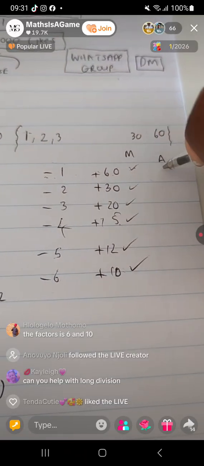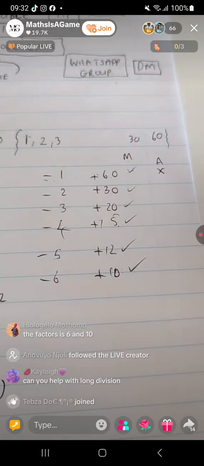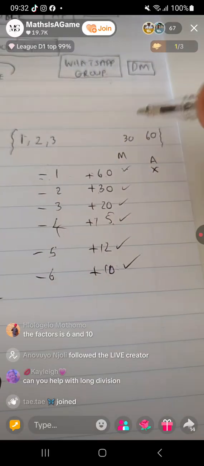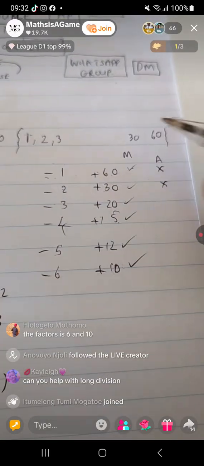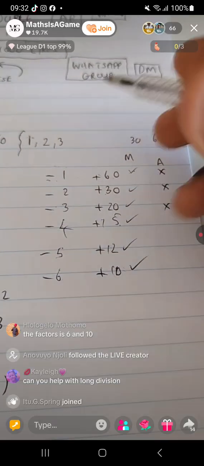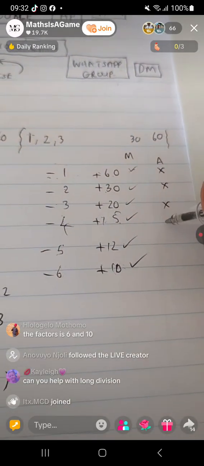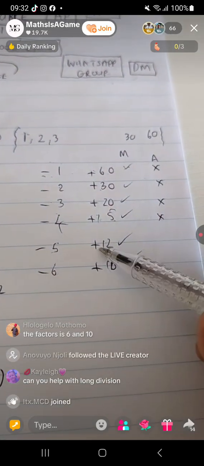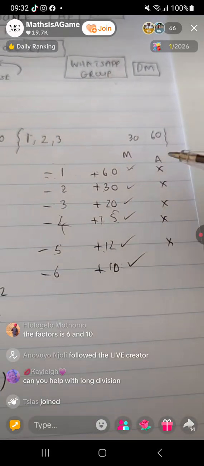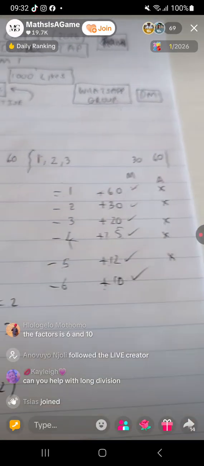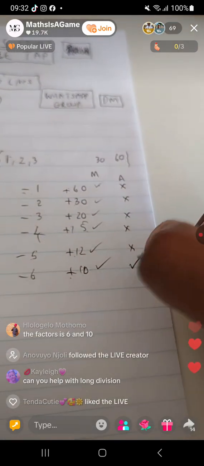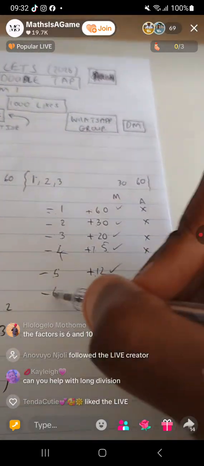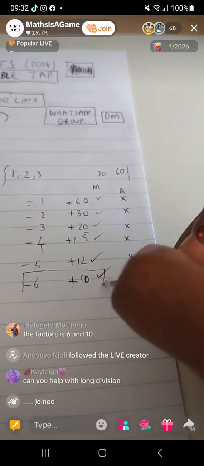The multiplication will be fine, but the addition, no. Adding these two, will that give us positive 4? No. What about these two? No. Adding these two? No. Adding those two? No. What about adding these two? Negative 6 plus 10, does that give us positive 4? Yes. So here is the pair of factors.